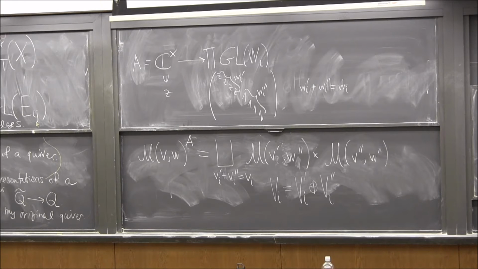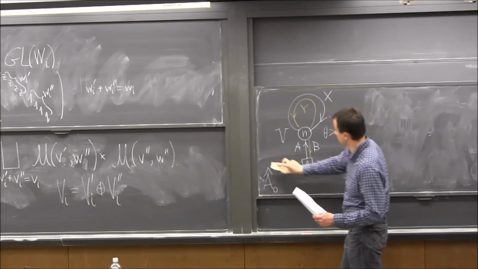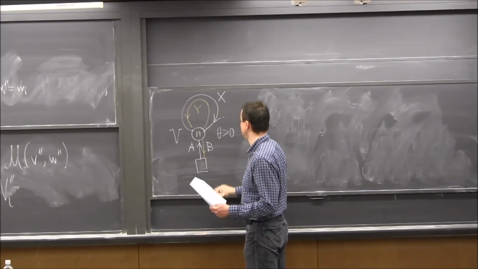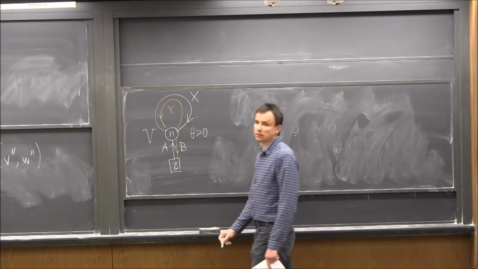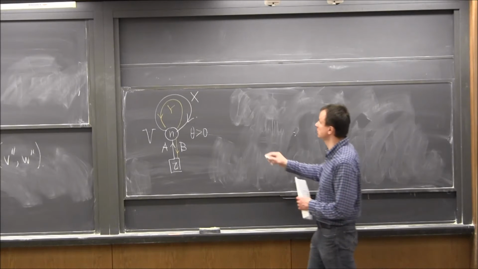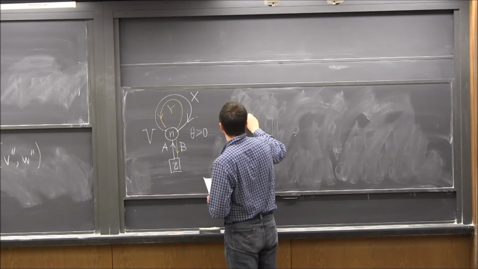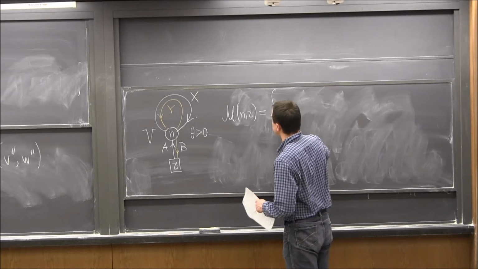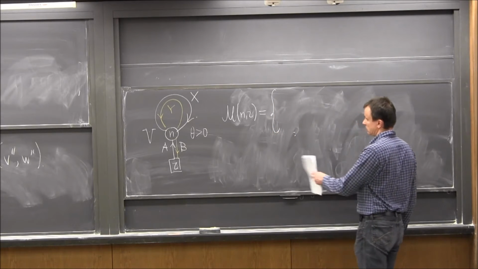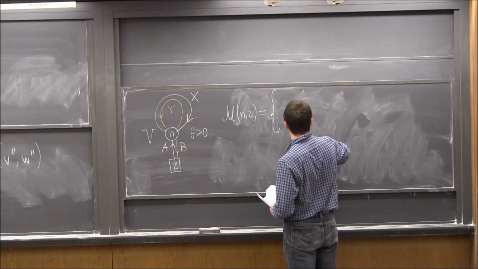For example, if I take the same quiver but replace this one by, I don't know, R, the corresponding moduli space is given by the following data.